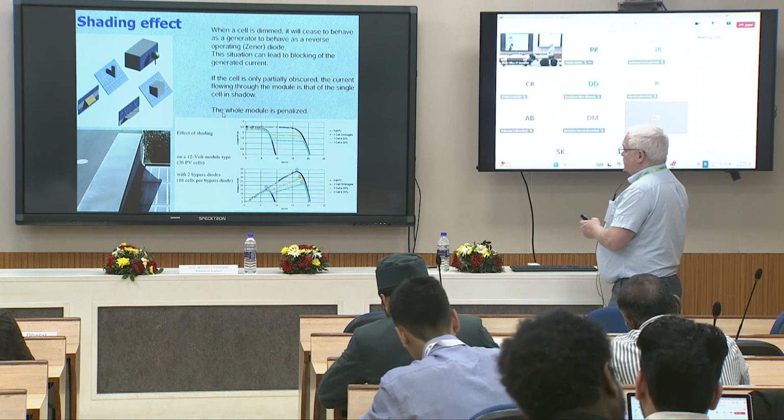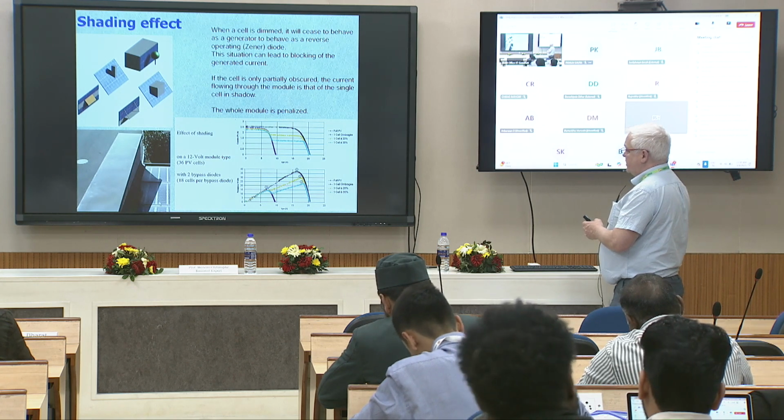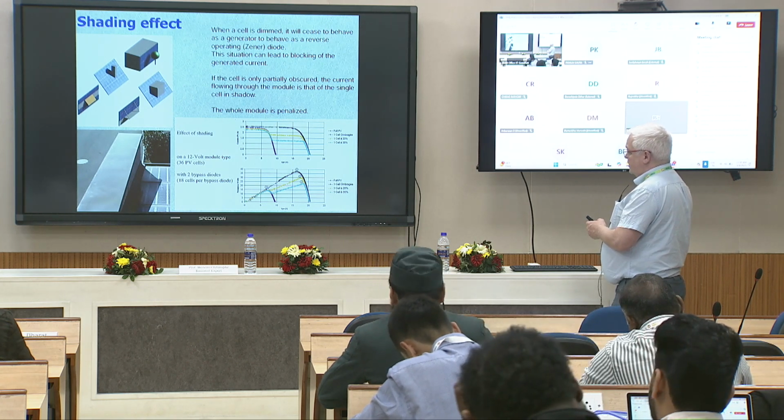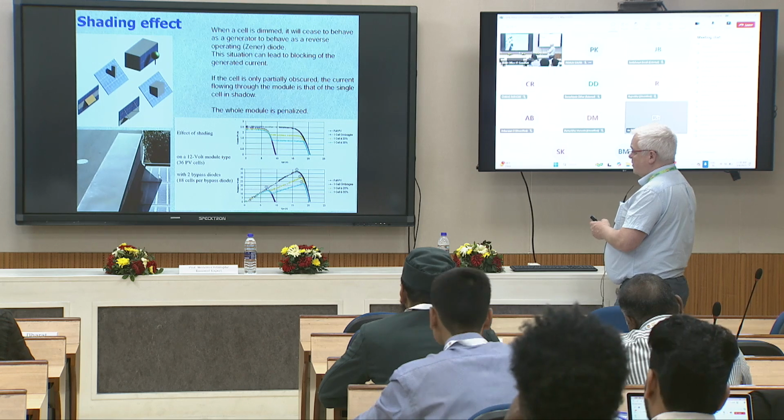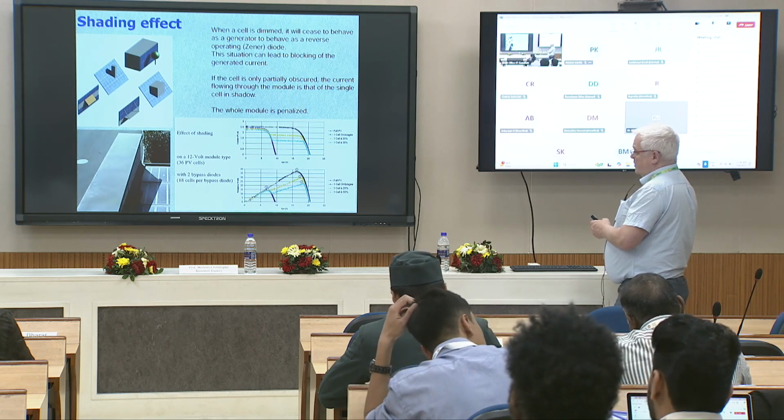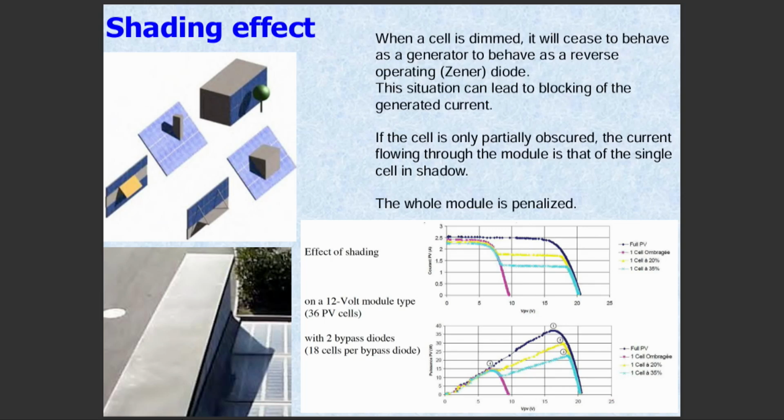Here you have a shading effect. For example, here you have a PV central on a roof, and maybe in the afternoon, after 2 o'clock, the wall which is here makes a shadow partially on some modules. Not all the modules, or one module is not fully under shadow, but just a part.